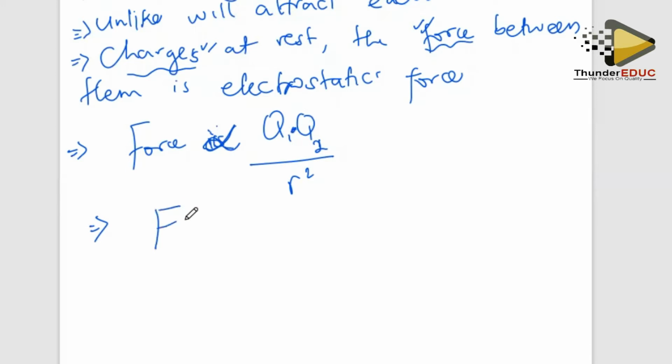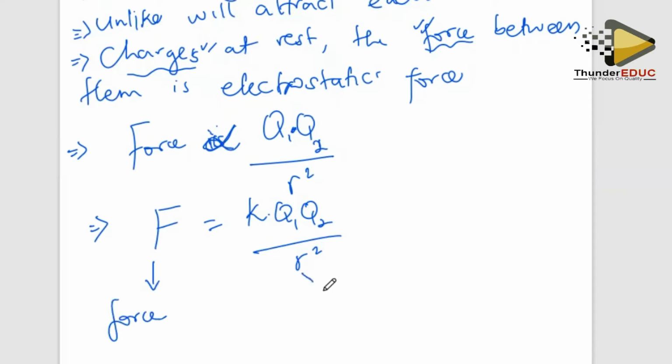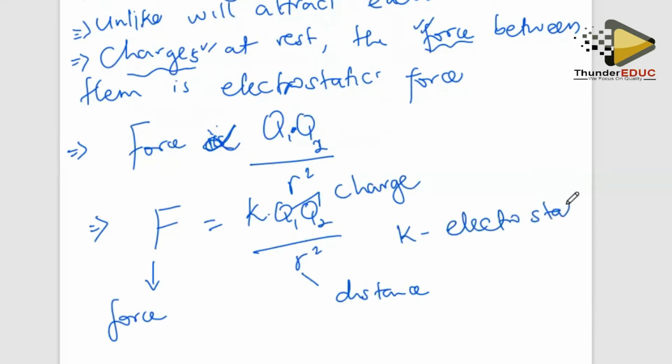If the proportionality symbol is to be eliminated, then K has to be introduced, whereby F represents the force, r is the distance of separation, Q1 and Q2 are the charges, and K is what we call the electrostatic constant, which is 9 times 10 to the positive 9.